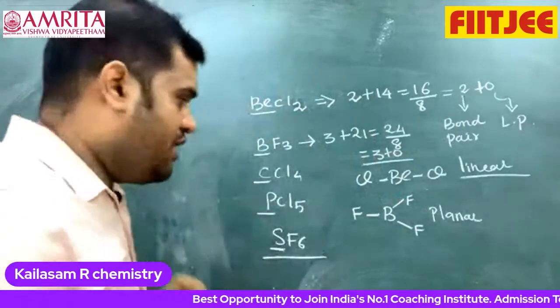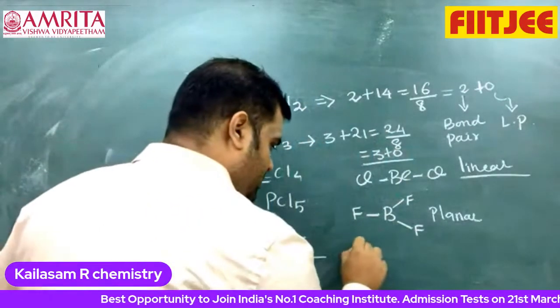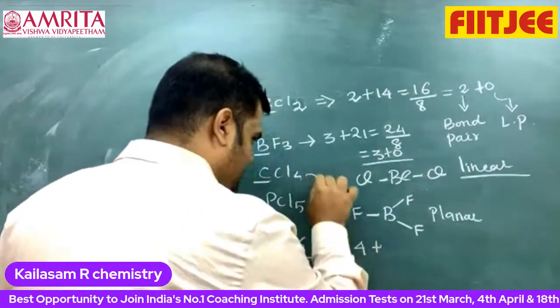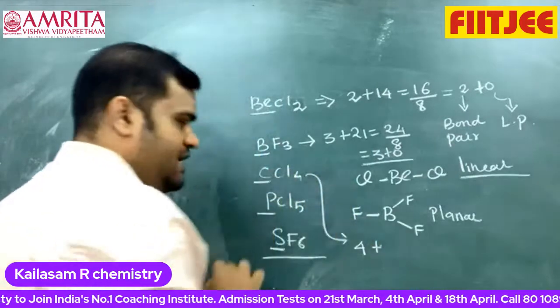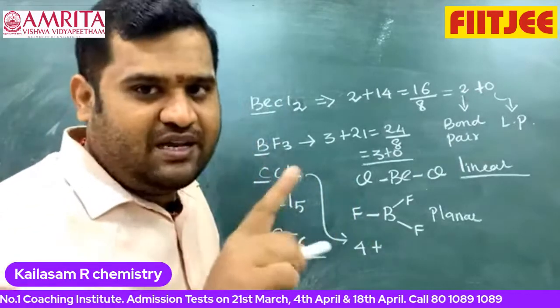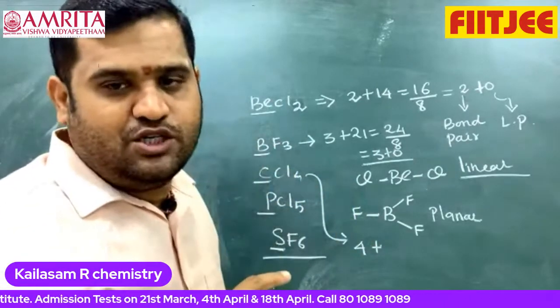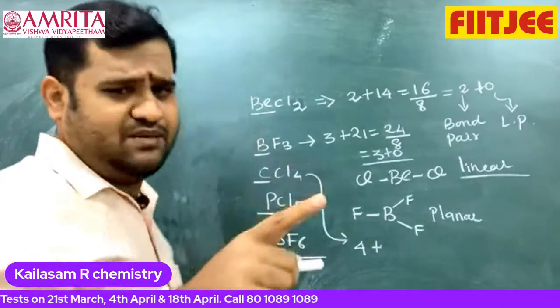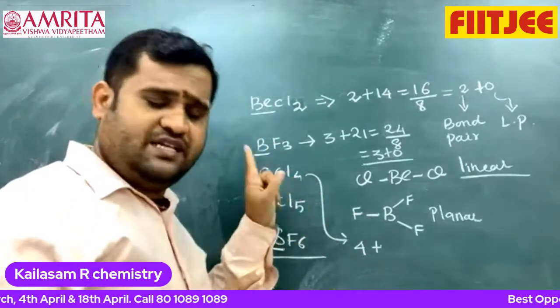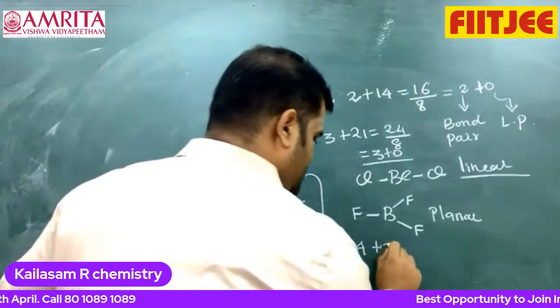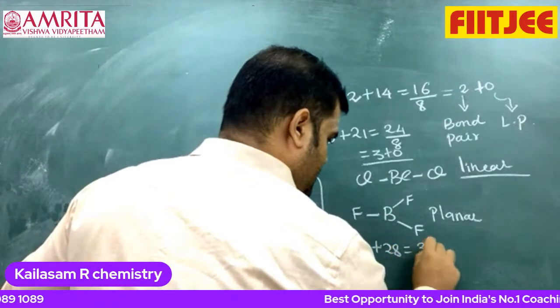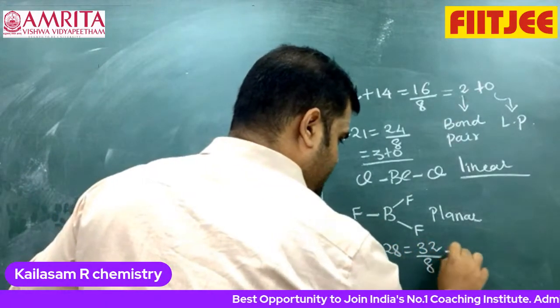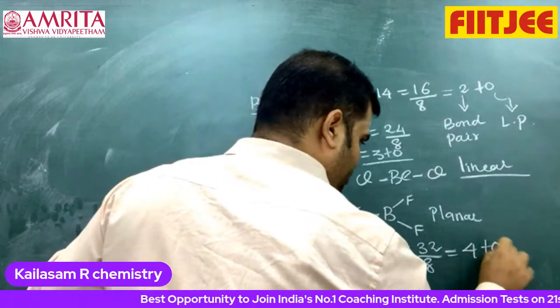Now, take the example of CCl4, same logic. What is the valence electron count of carbon? Carbon is 4. Chlorine has 7 electrons. 7 into 4 is 28. 28 plus 4 is 32. 32 by 8. We can say that as 4 plus 0.